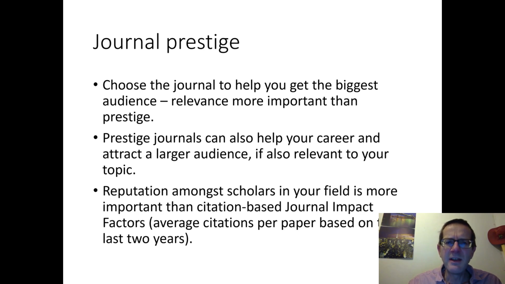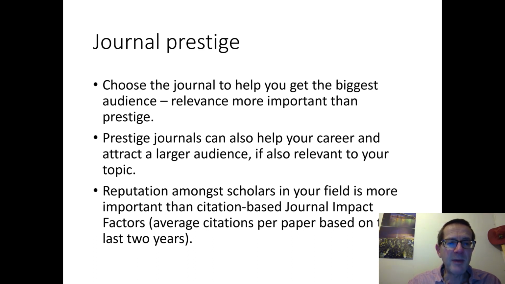So how do you judge the prestige of a journal? You shouldn't use the journal impact factor as your main guide, but the main guide should be reputation amongst the scholars in your field. So when you meet people and talk to them, you might ask about which journals they rate, which journals they think are good.